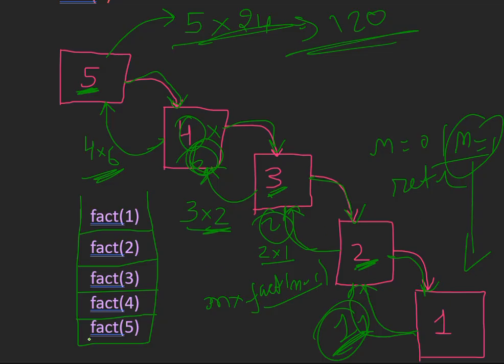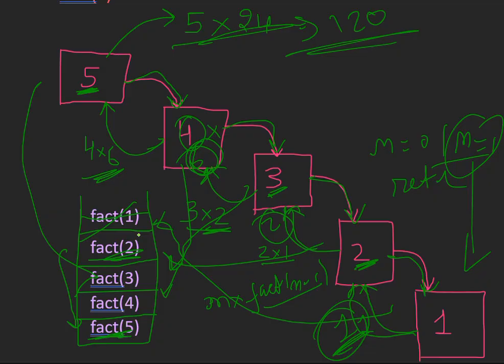So initially, see, factorial of 5 is pushed into this stack, then 4 is pushed, then 3 is pushed, then 2 is pushed, then at the end 1 is pushed, and 1 gets executed completely, then it is removed, then 2 will start executing again, then 3 will start executing again once 2 is completed.